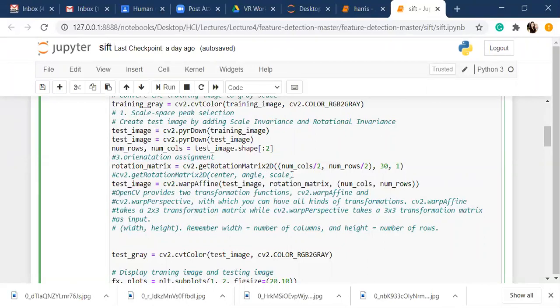Inside this you have to pass the center, which is nothing but the number of columns divided by 2 and the number of rows divided by 2, and the angle. For the angle you can type any value, but in my case I am using 30, and it should be positive, because a positive value means you are taking the direction clockwise. And the scale, this is my first scale only.